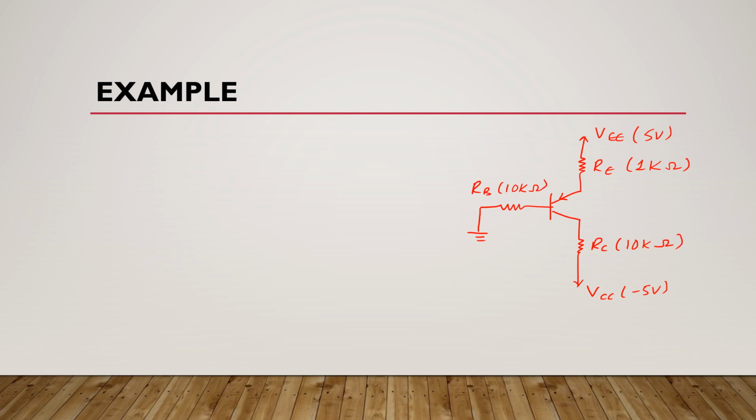Okay, now if you want to find the mode of operation here, and you also want to find all terminal currents, that is IB, IC and IE, how are you going to start your analysis if beta is 30?